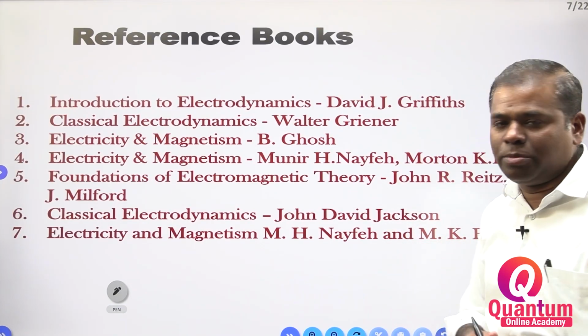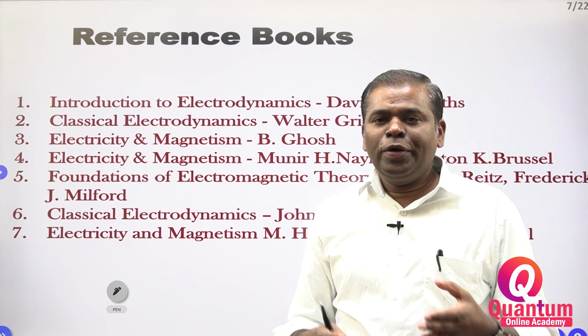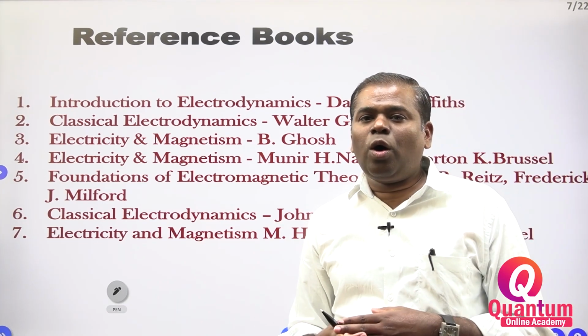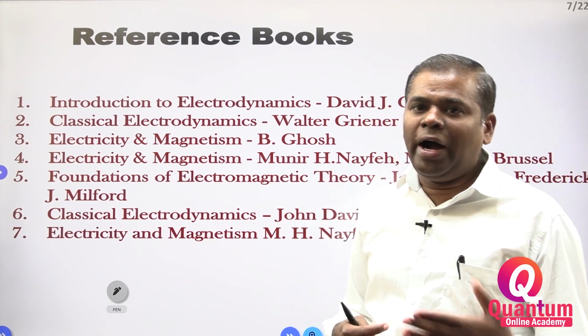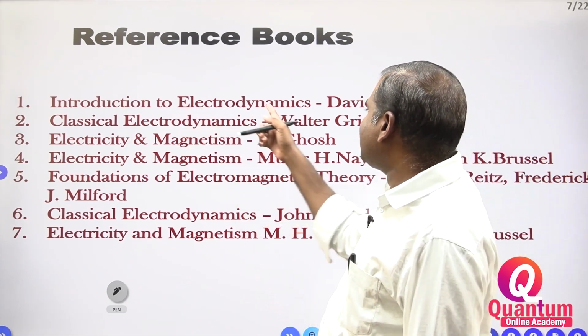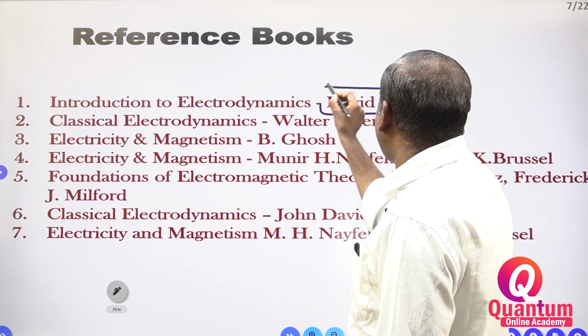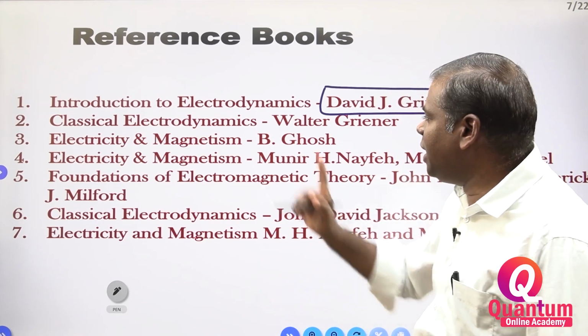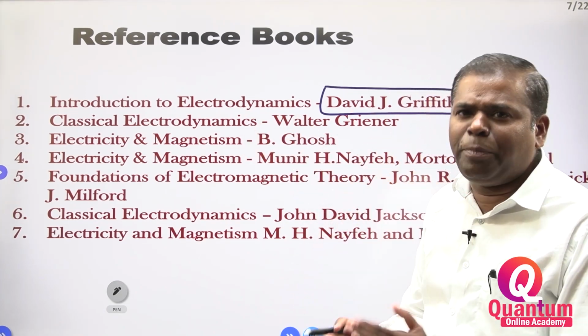What are the reference books? Reference books, these are very important to read to cover all the syllabus. These books are very essential to buy and read. Introduction to Electrodynamics, David J. Griffiths. This is the Bible of Electromagnetic Theory. Introduction to Electrodynamics, very important.